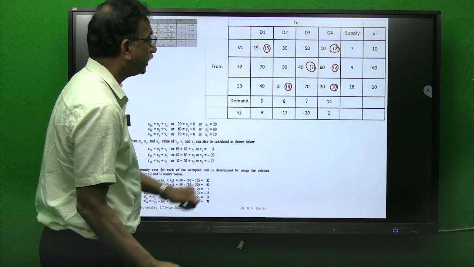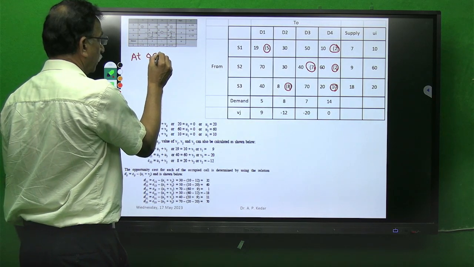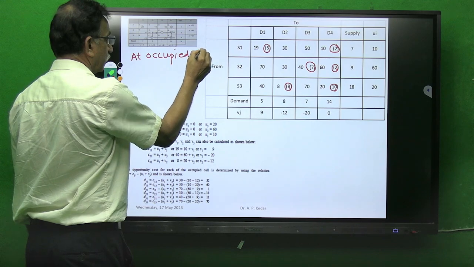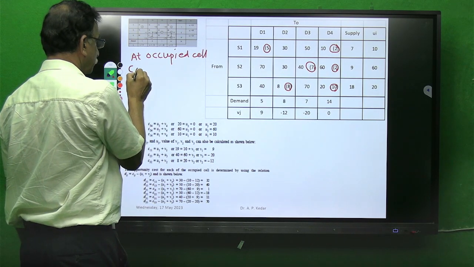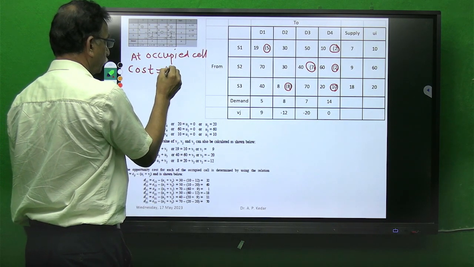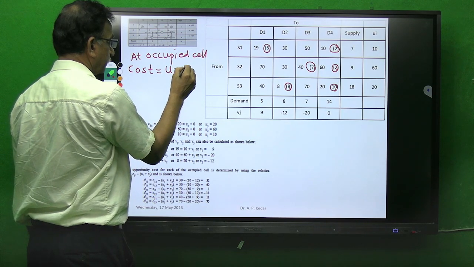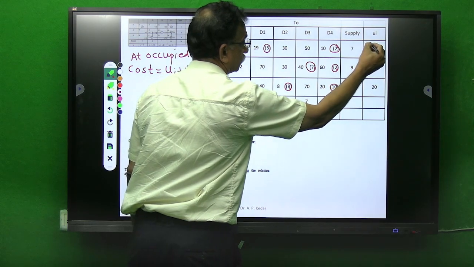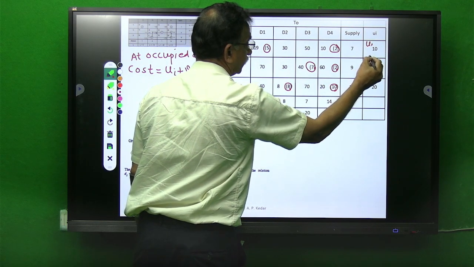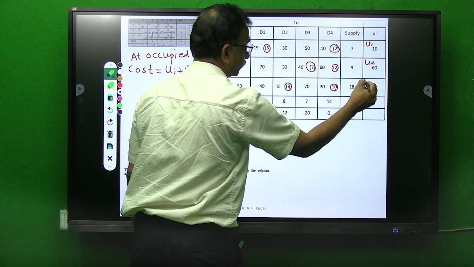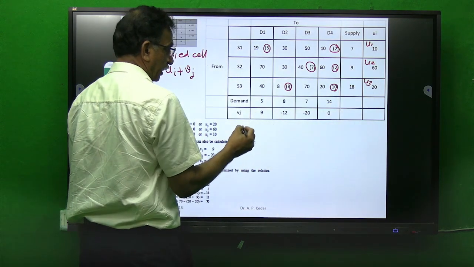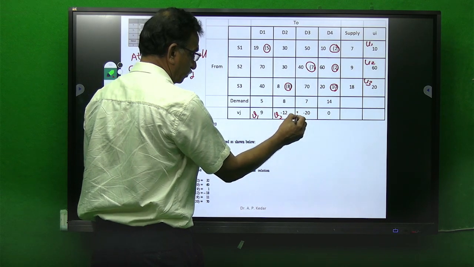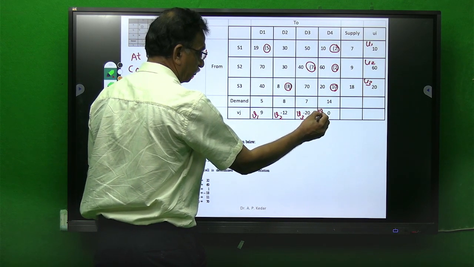At an occupied cell we have the logic cost is equal to ui plus vj, and by this logic we calculated these various values: this is u1, this is u2, this is u3, and this was v1, v2, v3 and v4.